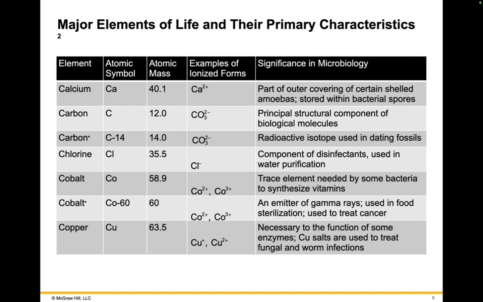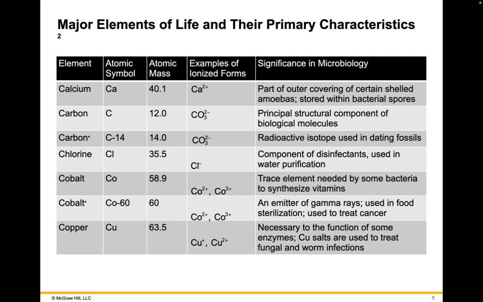And then C14, the radioactive isotope, is still carbon, but it has an extra 2 neutrons. How do I know it's not protons? Because when you change the proton number, you actually change the element that you're talking about.